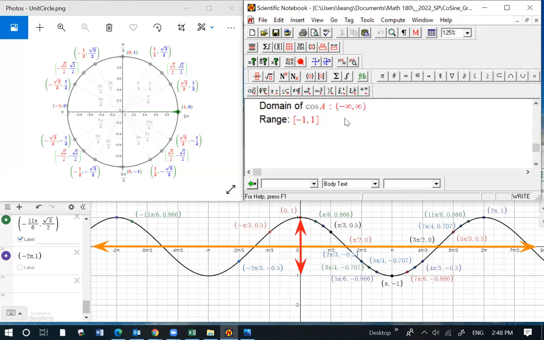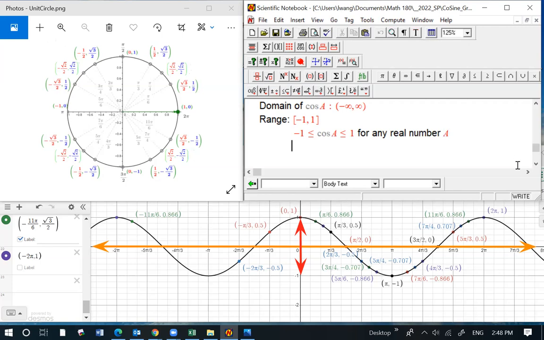Our favored form of writing the domain and range together is: cosine A is between -1 and +1, for any real number.